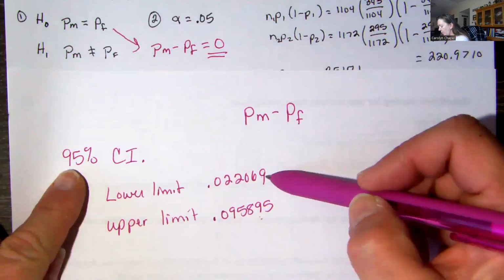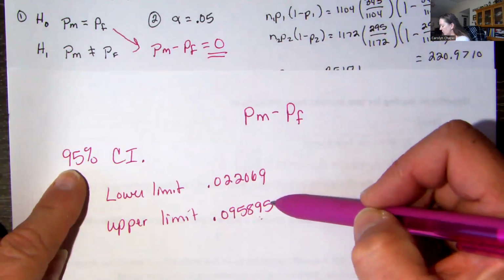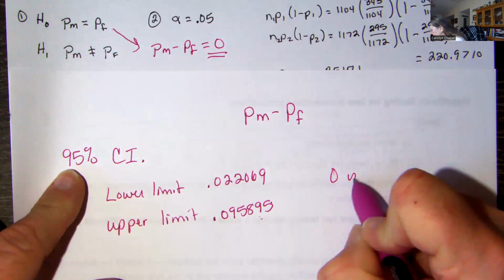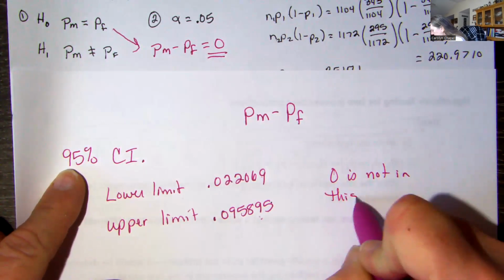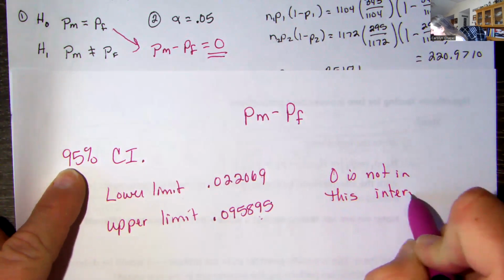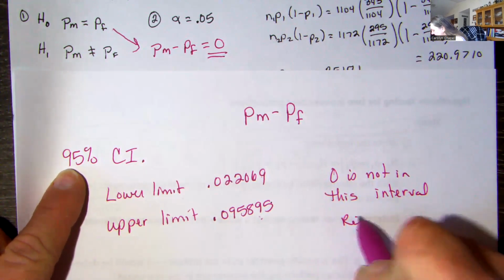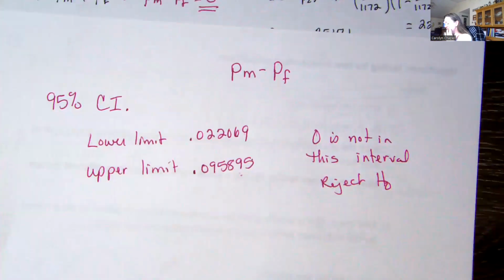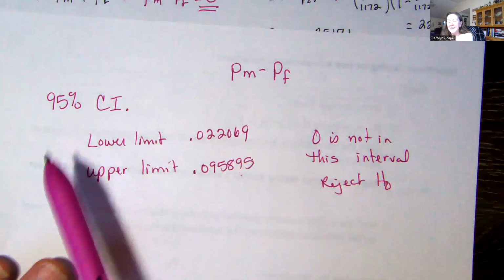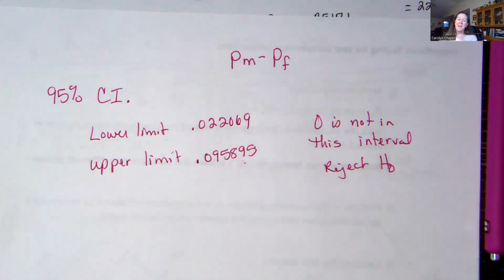And since these are both positive, 0 is not in that interval. So again, we would reject. So we can use the confidence intervals to kind of verify that hypothesis testing for us.